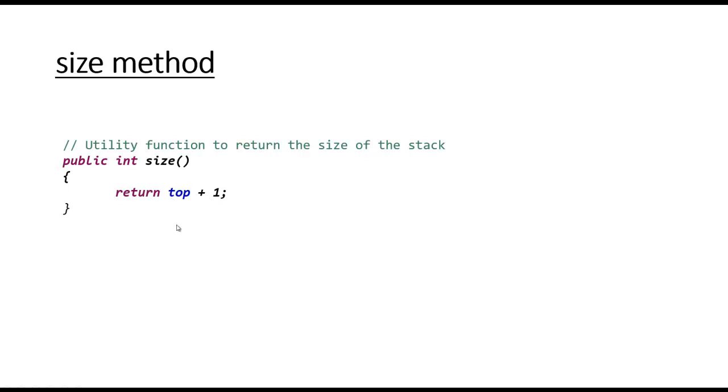Suppose my top was initialized with -1, and I put one element into that stack, the size of that stack will be 1. But what will my top index value be? It will be 0. So 0 + 1 represents 1. In an array, the size of the array is equal to the number of index values + 1. That is what top represents, the index. So index + 1 will give us the size value.